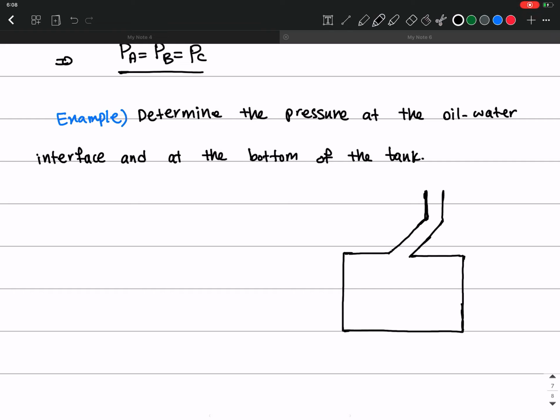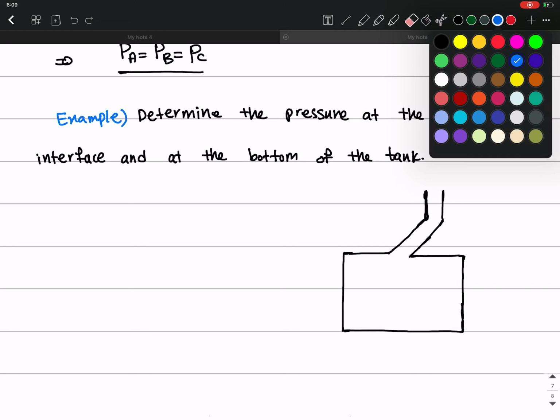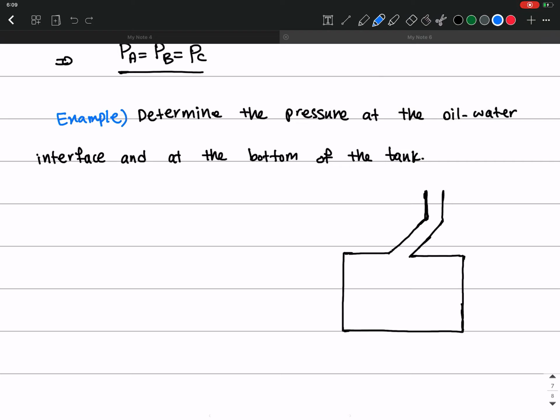So this tank is filled with two materials. Water is at the bottom, so we have water here.